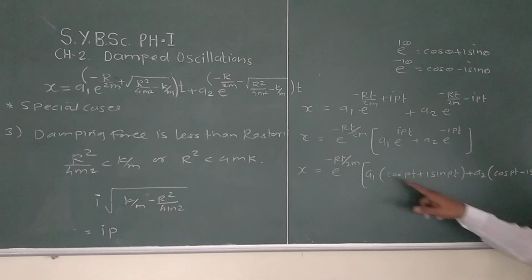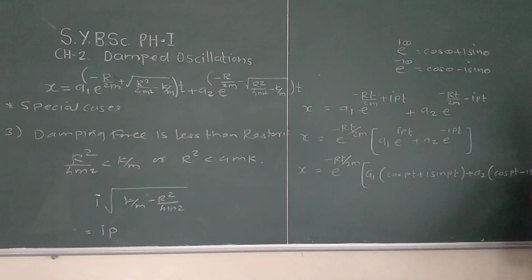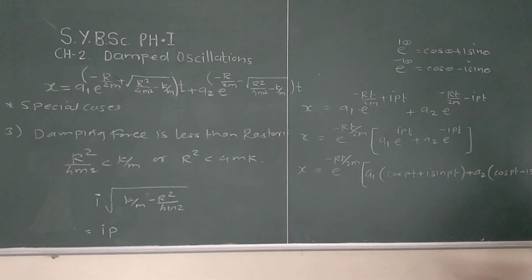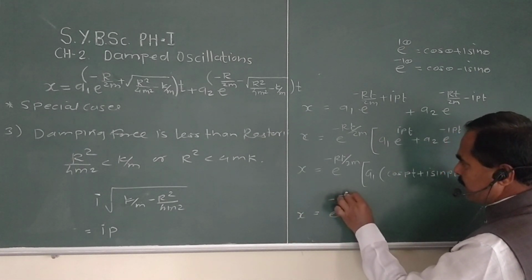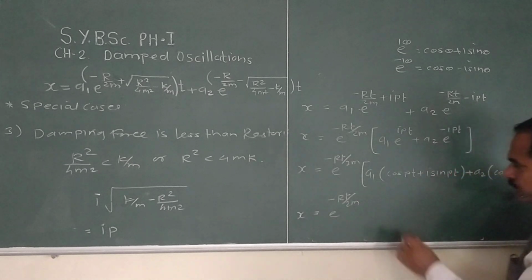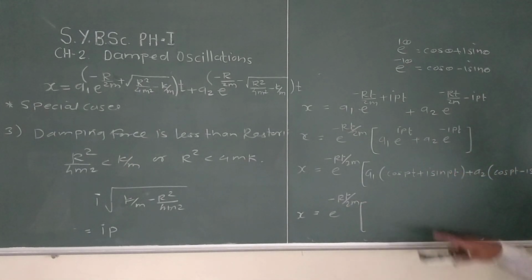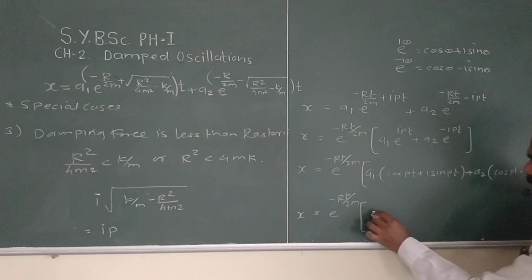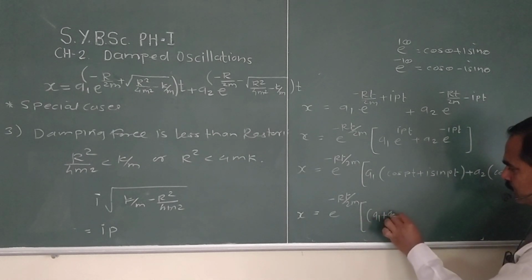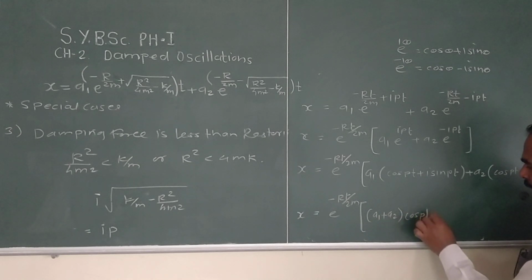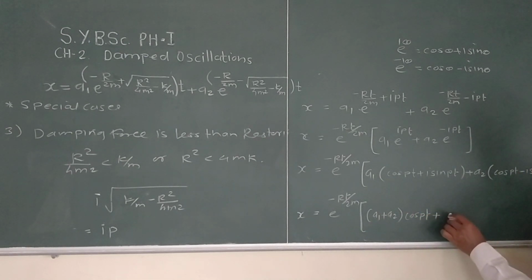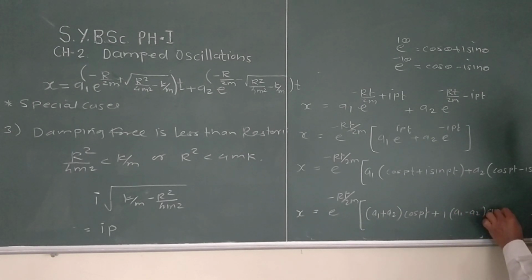So in this equation we take common cos pt and sin pt. Therefore x equal to e raised to minus rt upon twice m, in bracket a1 plus a2 into cos pt plus i times a1 minus a2 into sin pt.